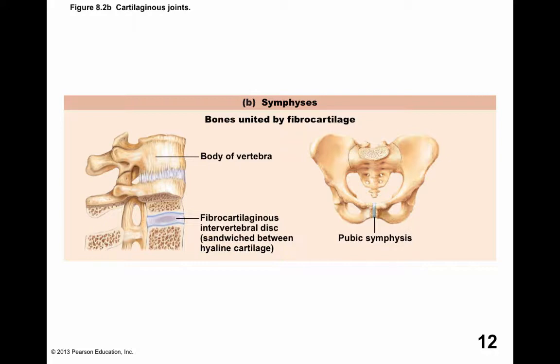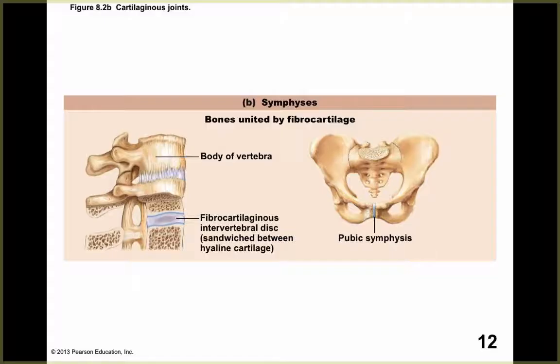Symphysis essentially is an example of this type of joint, and you can see it in the pubic symphysis and in the intervertebral discs here, right? You can see this one here is made up of fibrocartilage together.